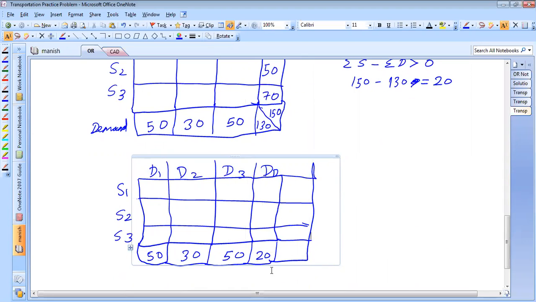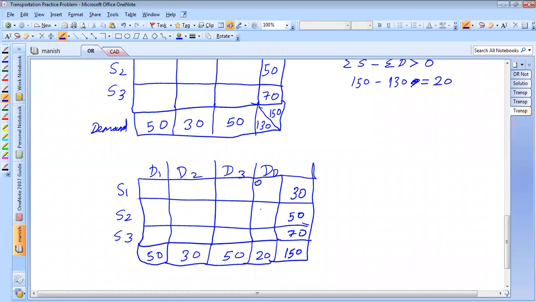Since demand is less, we will include a dummy demand, whatever is the deficiency, to make it equal. So now the summation will be 150, isn't it? With 30, 50, 70. The cost of transportation here will be 0, 0, 0.